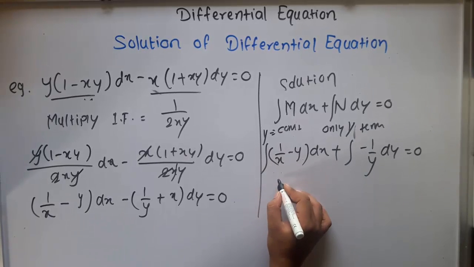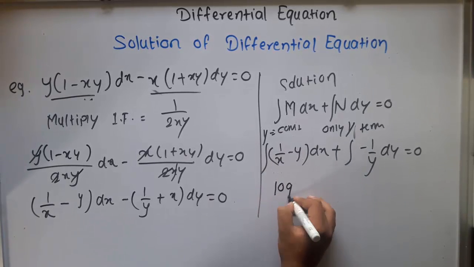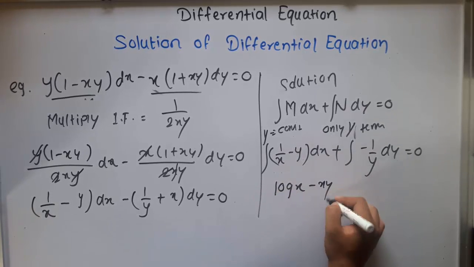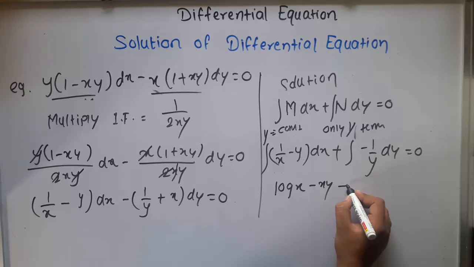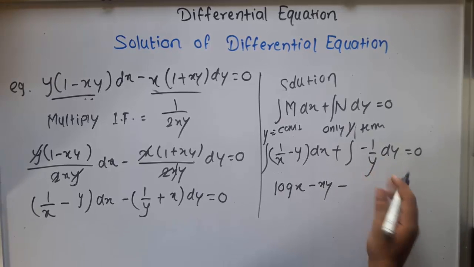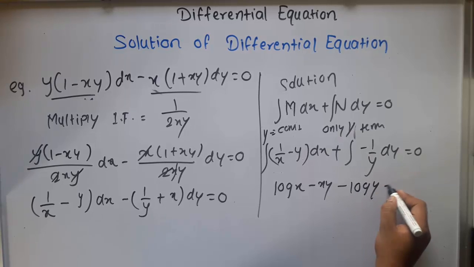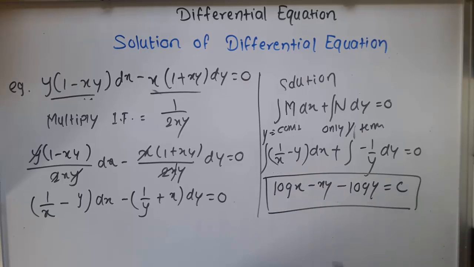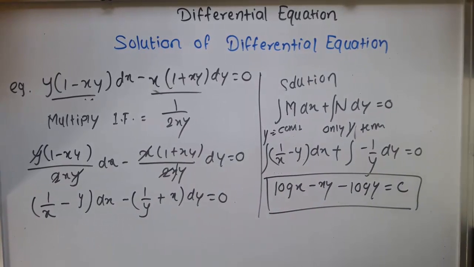Here 1 by x means integration will be log x minus xy, because y is constant, minus integration of 1 by y with respect to dy, it gives log y equal to c. This is our solution of the differential equation.